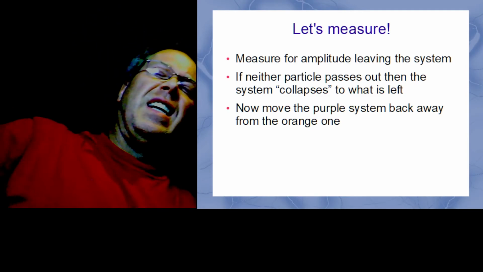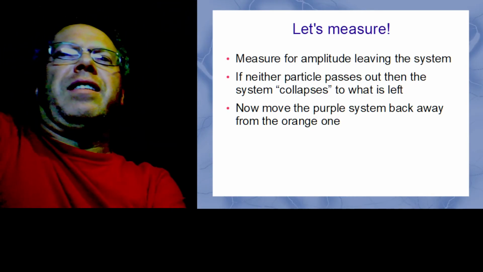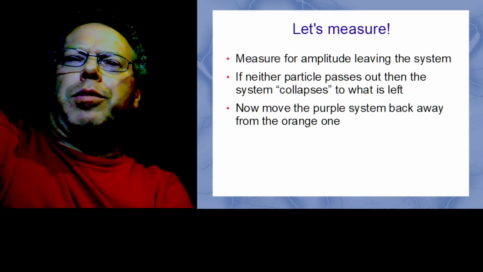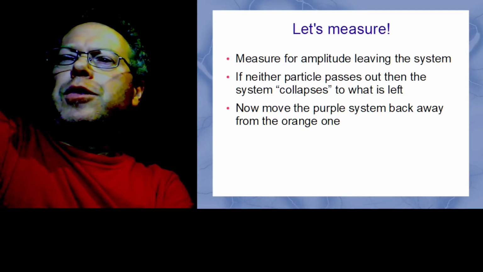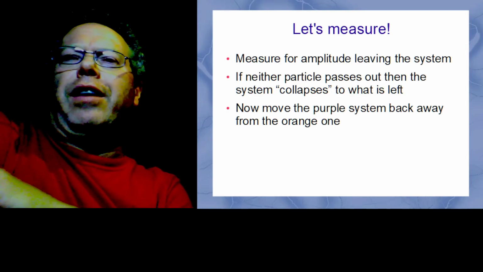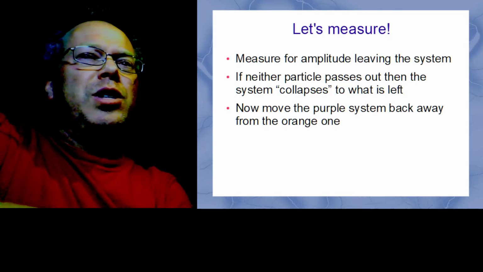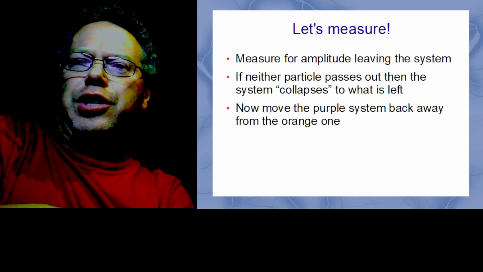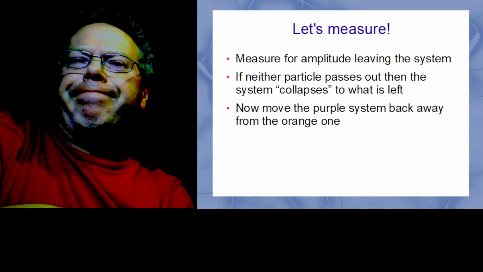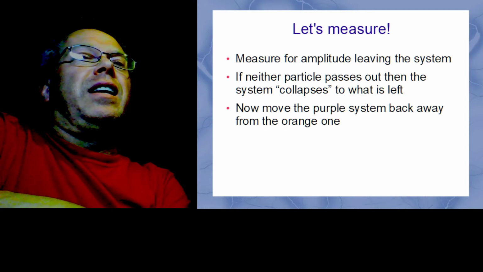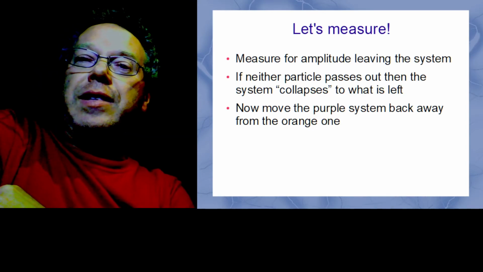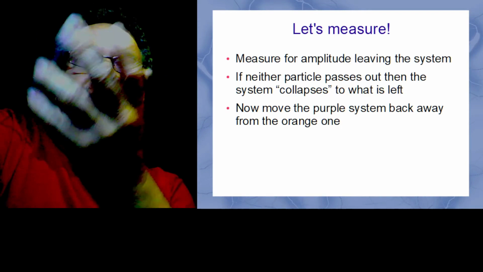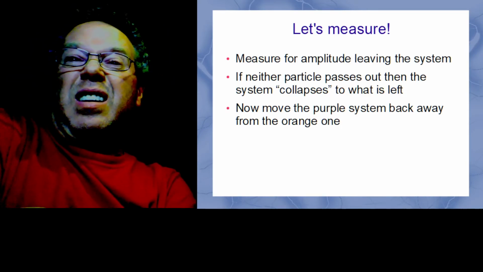All right. So now it's a little inconvenient to have those free waves. So what if I just surround the whole system with a bunch of measurement devices? So any free waves are going to pass through them and get detected. So what happens, and this is the only place I use Copenhagen or any interpretation of the wave function here, is if I measure something, then I know that the particles got out.